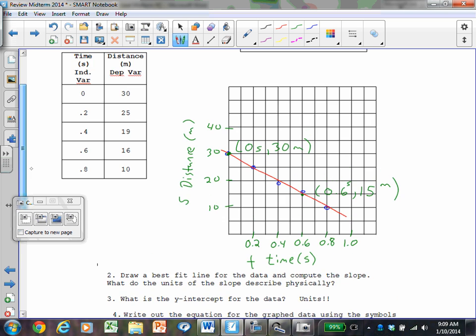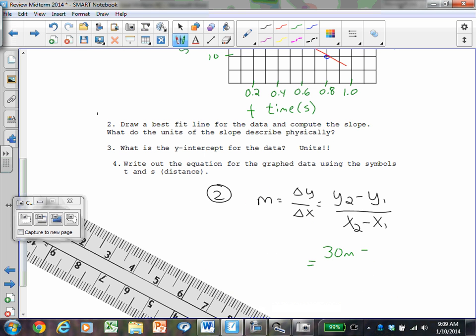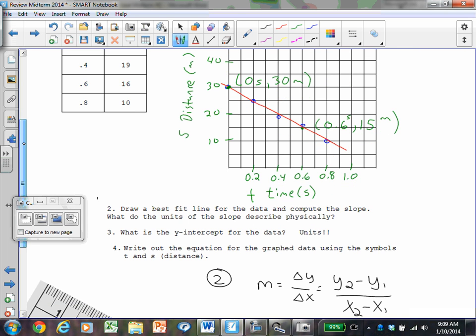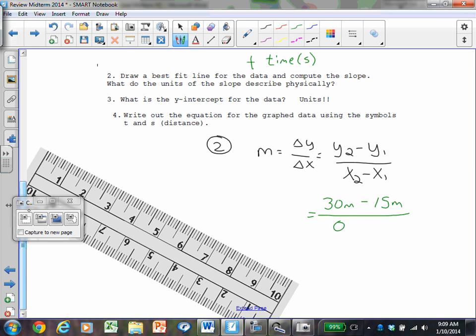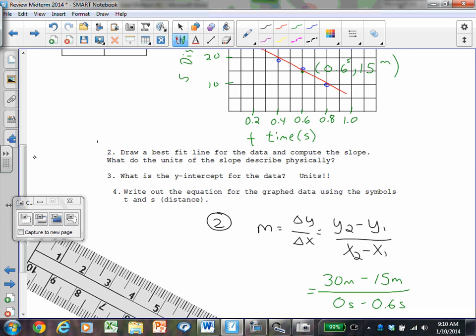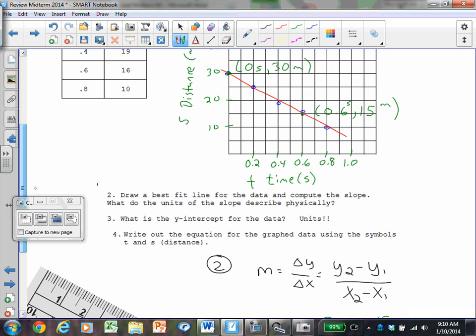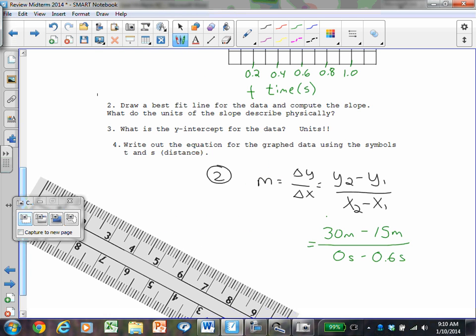So 30 minus 15. And then in our X, we have 0 minus 0.6. So you can see that the Y2 and X2 go together, right? 0, 30, 0, 30, and likewise for the other one.